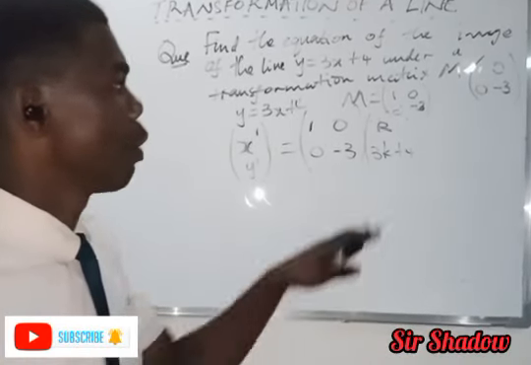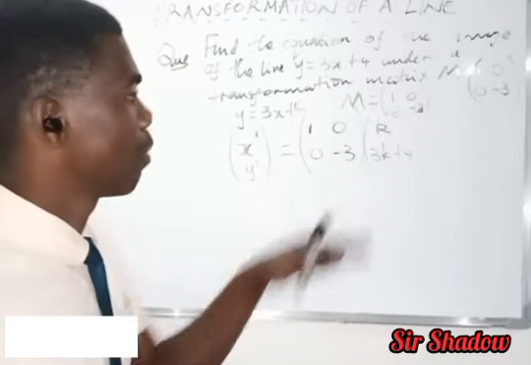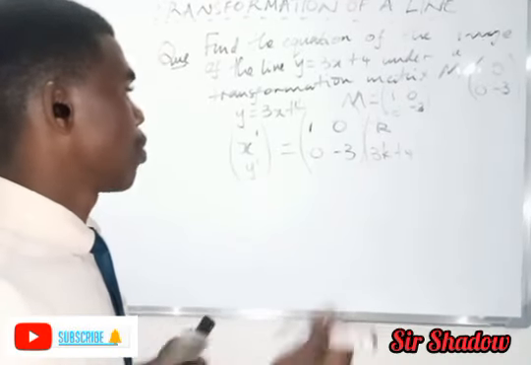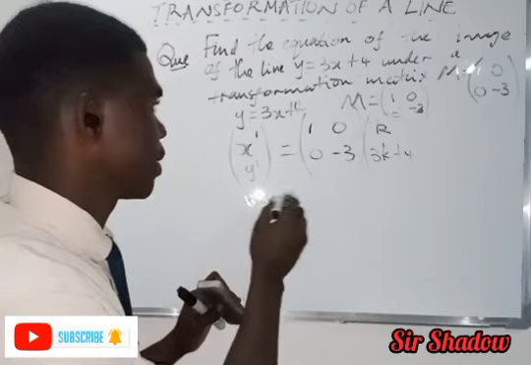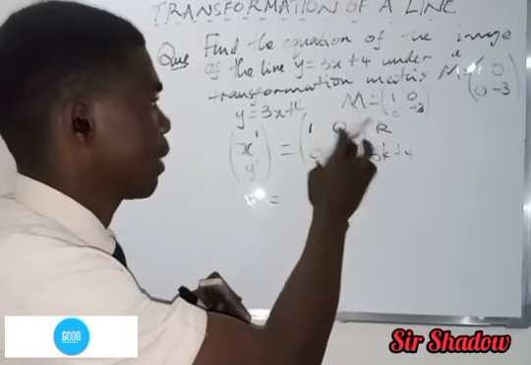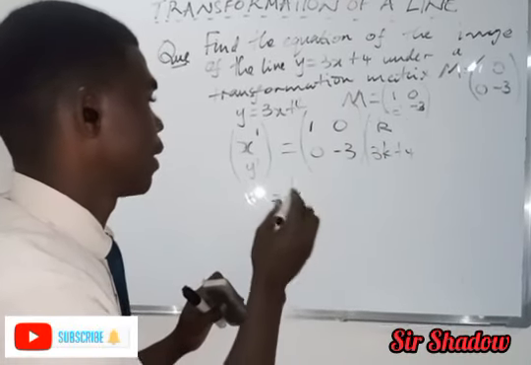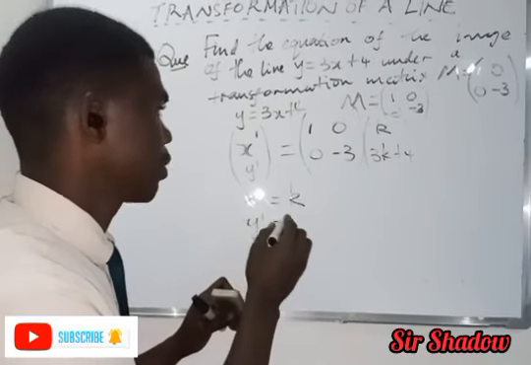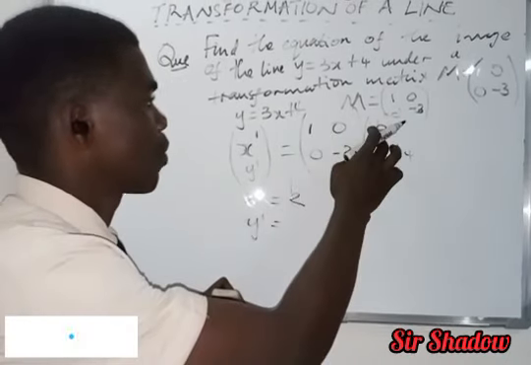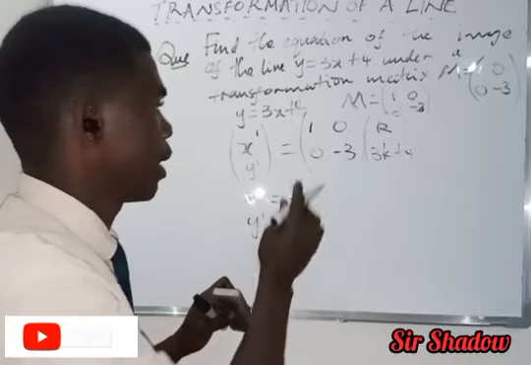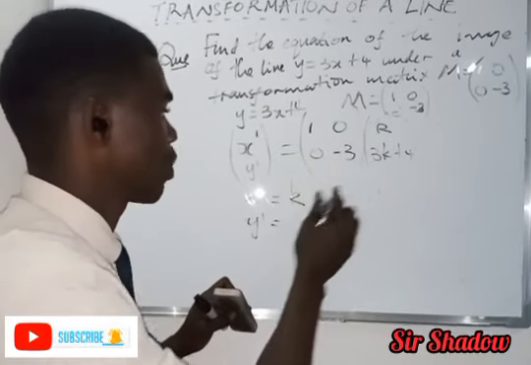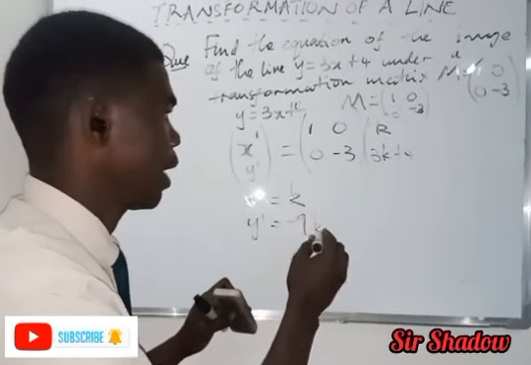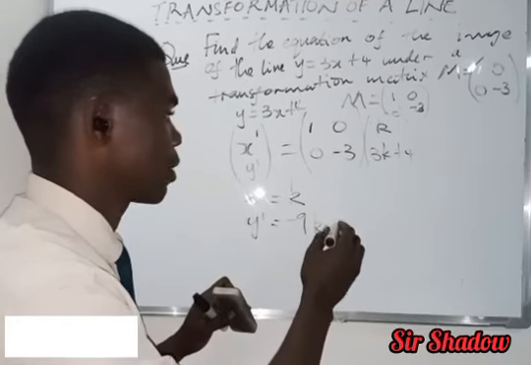For the second stage, we have to multiply these two. So x prime is equal to this one by this one, which is k, plus that one, which is k. Right. Y prime is equal to this one by this one is 0, 0 by this one is 0. Minus 3 times this one, which is minus 9k minus 12.